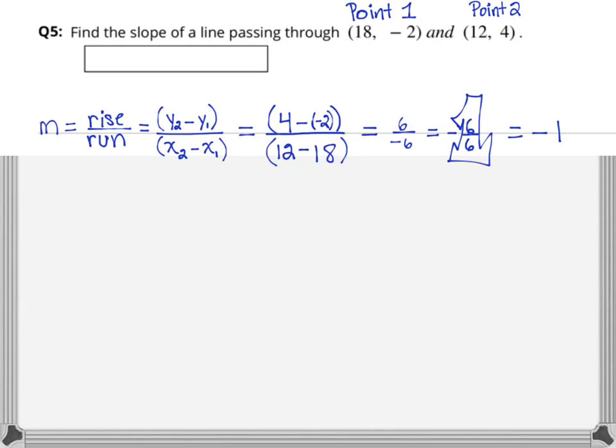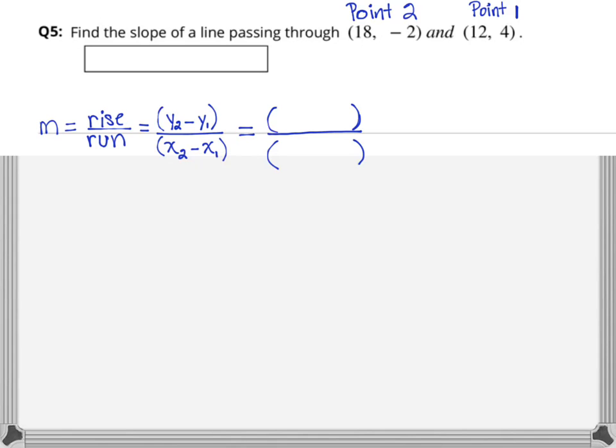But now a question comes up, or a question should come up, right? What if instead of point 1, I made this point 2, and I made this point 1? And we're going to do that right now. Okay, so as you can tell, now 18, -2 has become our point number 2. And 12, 4 is point 1. So now I'm going to take the value of y for point 2, which is now this point.